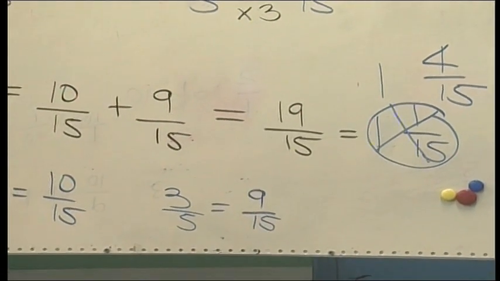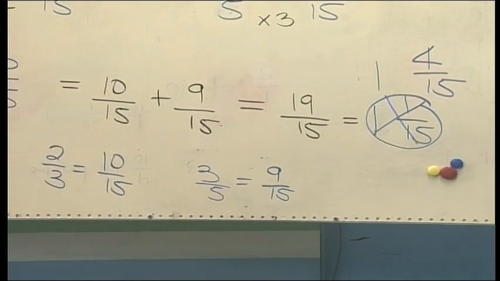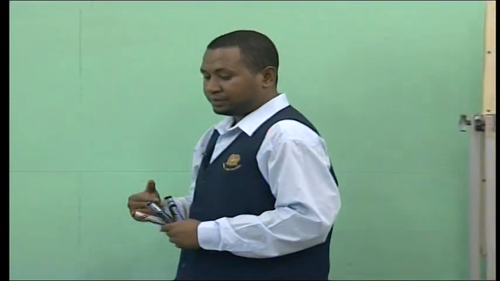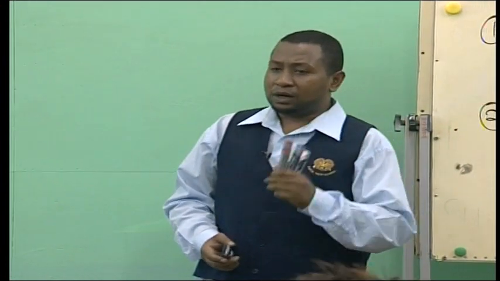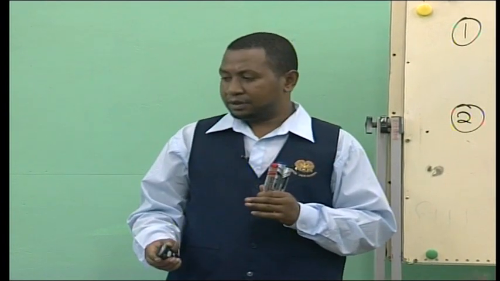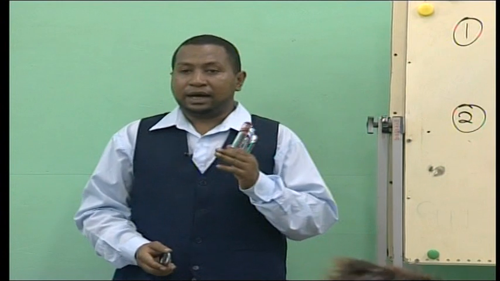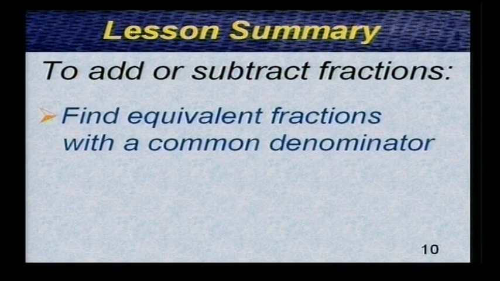70s and receiving students, by now you should know how to add or subtract fractions and also find equivalent fractions. With that, class, what are the steps that you have learned in today's lesson? On the screen, I have the summary for you. It says, to add or subtract fractions, these are the things you have to take note of. First, find equivalent fractions with a common denominator.